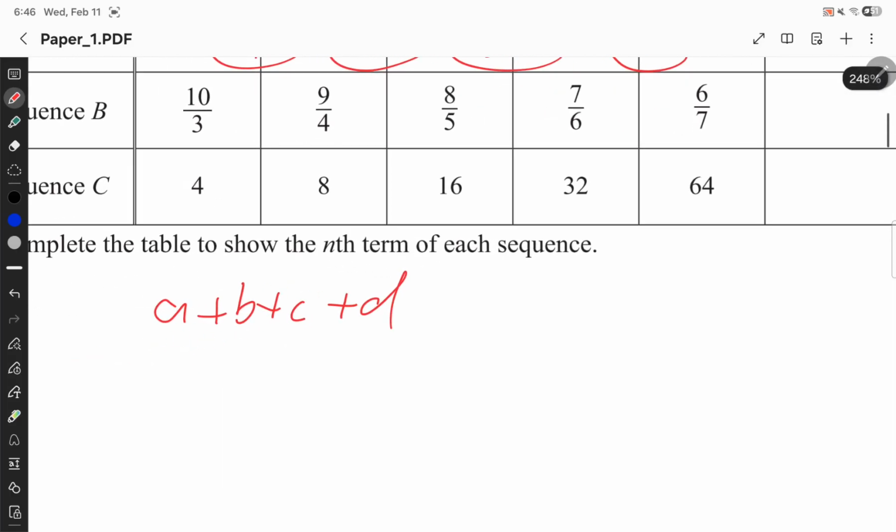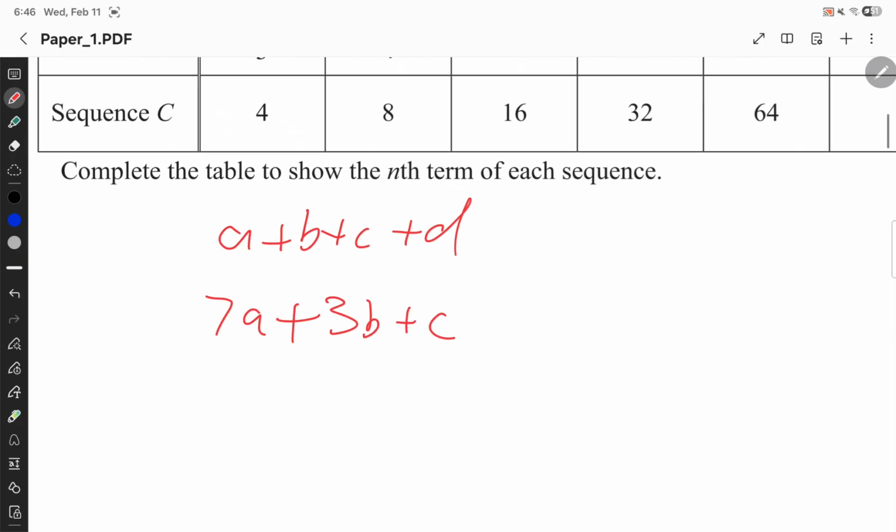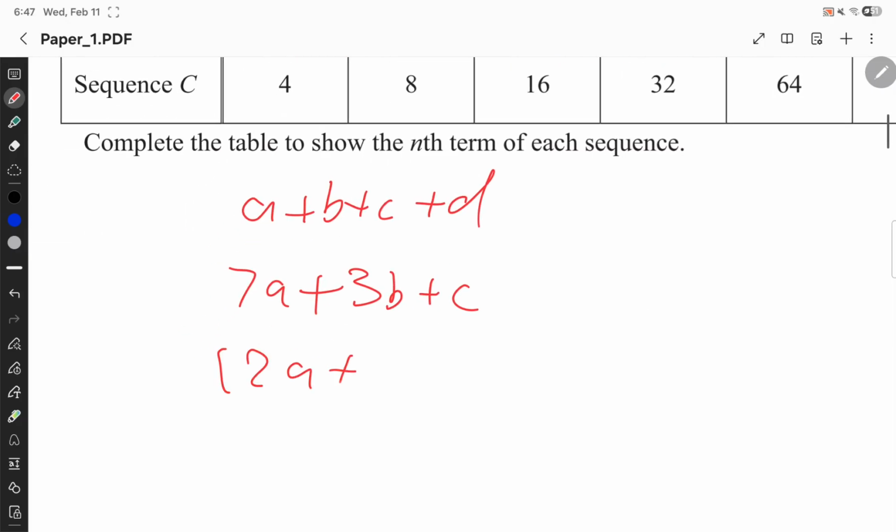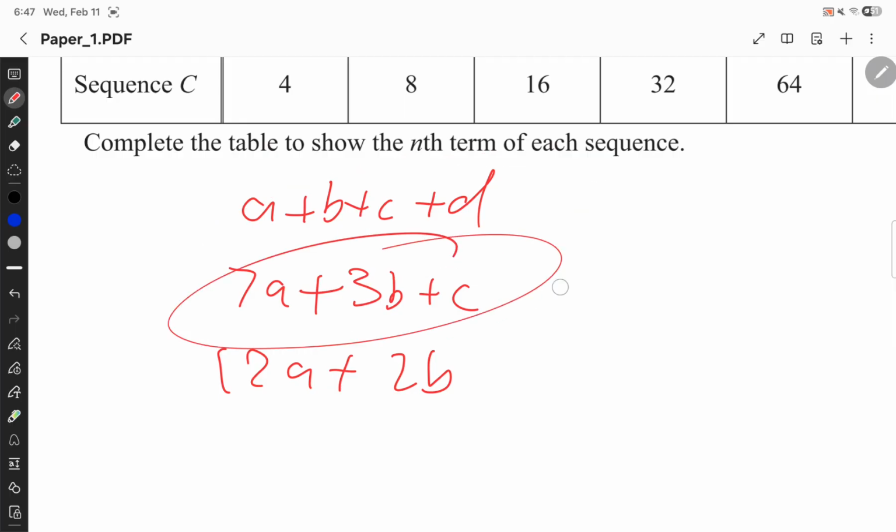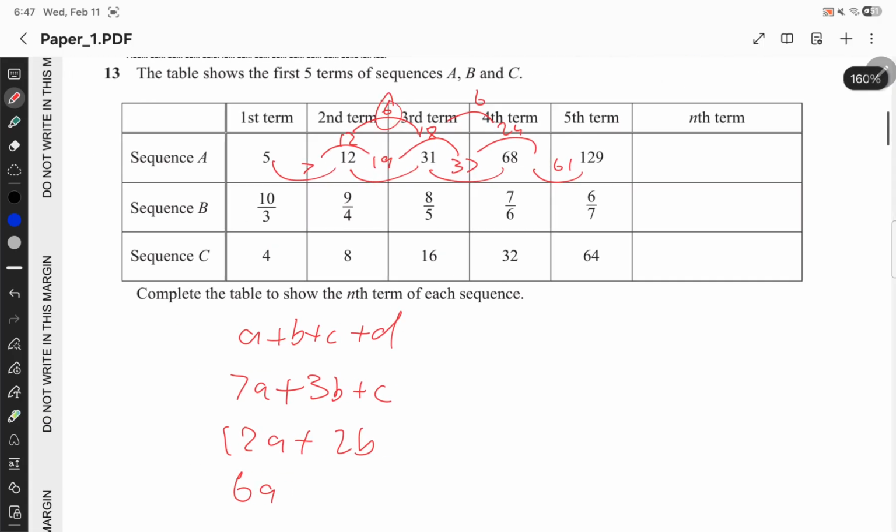The second term would be 7a plus 3b plus c. Then the third term would be 12a plus 2b, and the third difference would be 6a. So this is the first term, first difference, second difference, and third difference. The third difference which we found was 6.